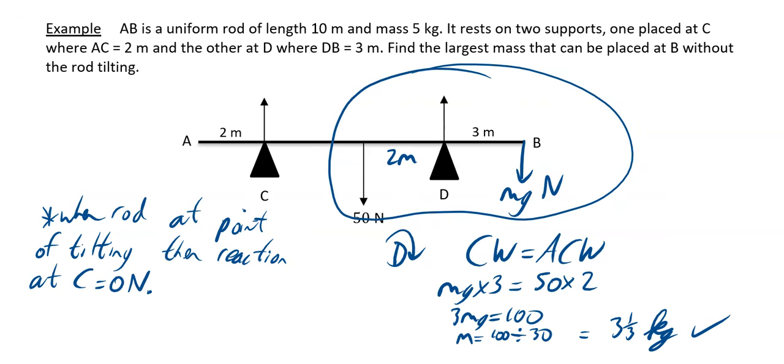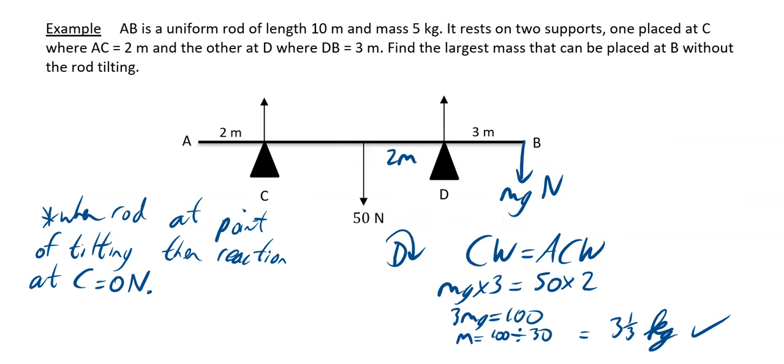You've got your 50 newtons going down, your mg going down, and one's going clockwise, one's going anticlockwise. If it's just at the point of moving, still balanced basically, so clockwise moment equals anticlockwise moment. So mg times 3 is equal to 50 times 2, which gives you m works out to be 3 1/3 kilograms.